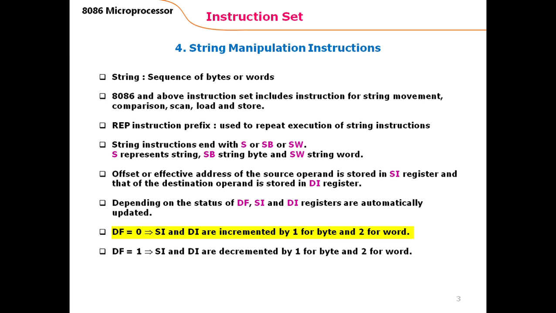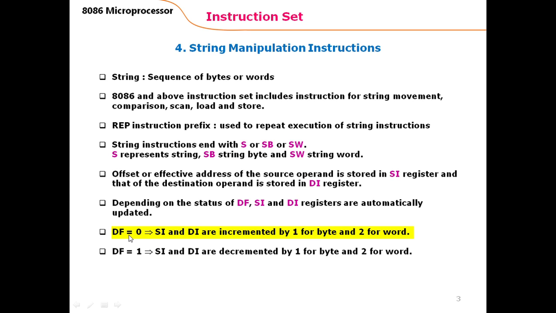For example, if the instruction is used with SB, that would mean that the instruction has operated on a single byte, so source index and destination index would be incremented by 1. But if the string instruction is used with letters SW, that would mean that 2 bytes have been operated on, so source index and destination index registers would be incremented by 2.